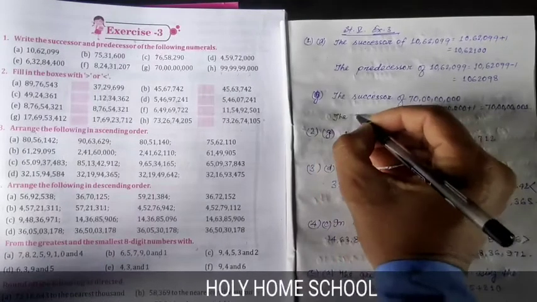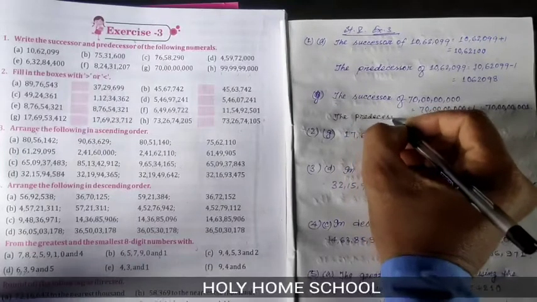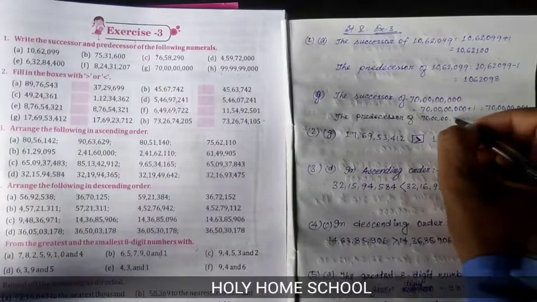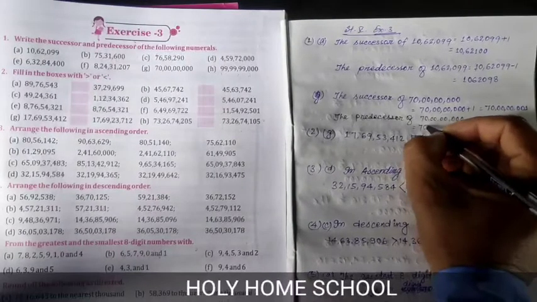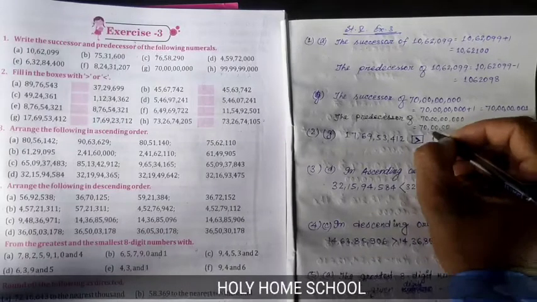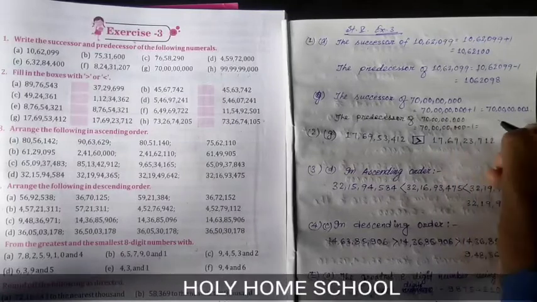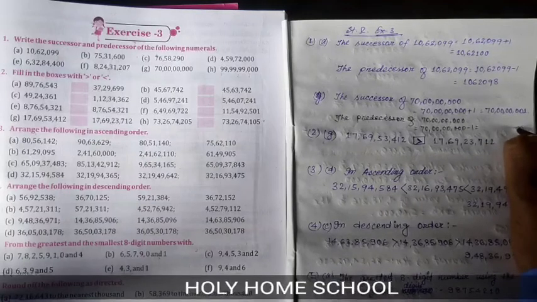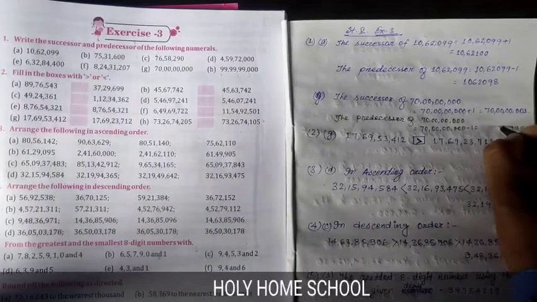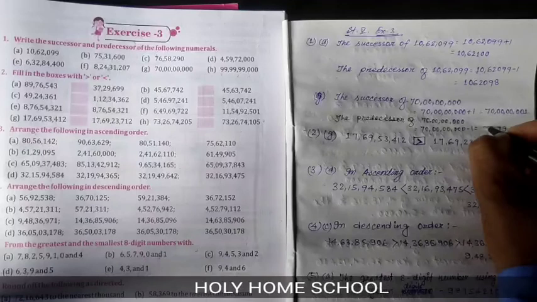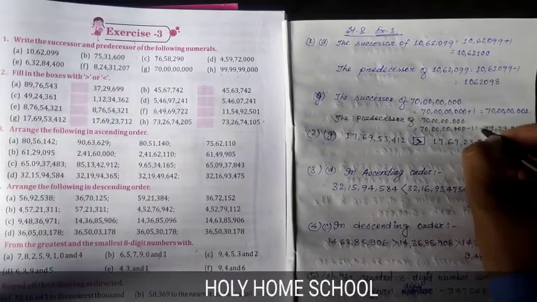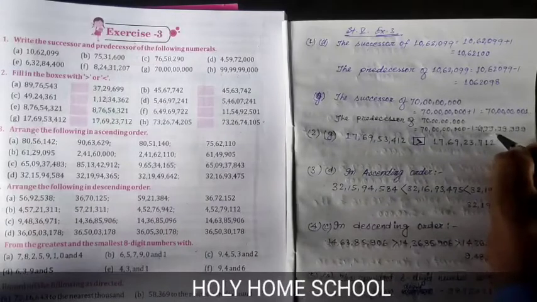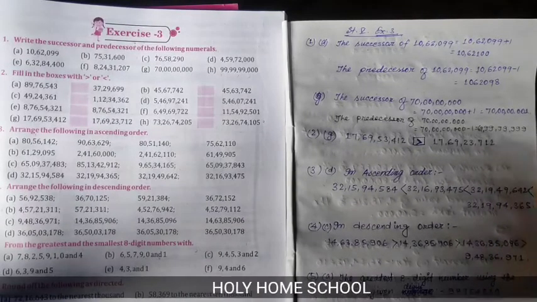And the predecessor of 70 crore will be 70 crore minus 1, equal to 69 crore 99,99,999.